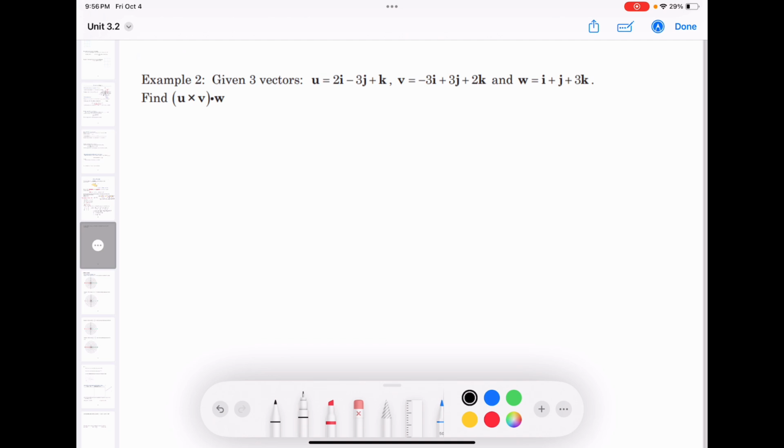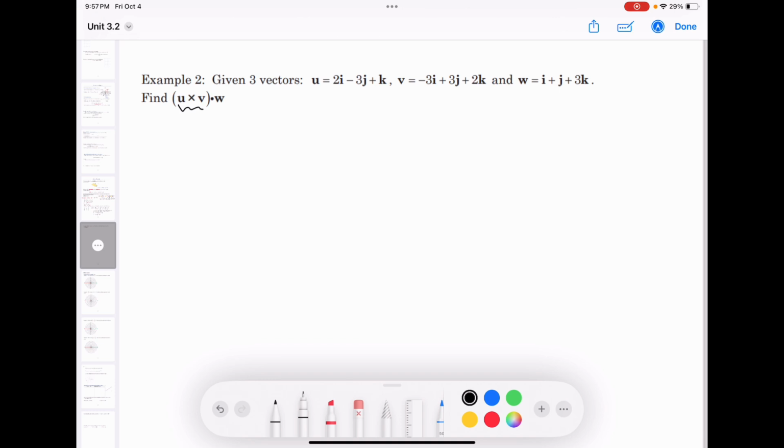If I have 2 vectors, U and V, and another vector W, we have 3 vectors. We are looking for U cross V, and then all of them dot W. So we have cross product and dot product. Let's see what is the solution. First, in the parentheses, the computation goes first.